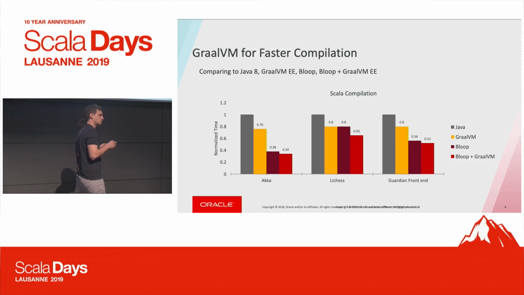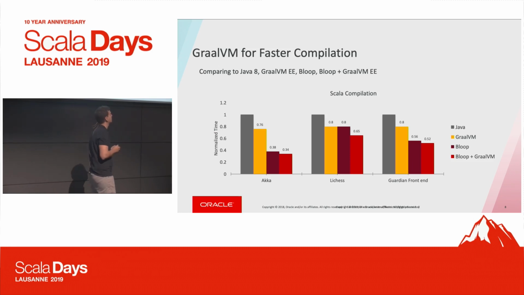And there are other frameworks to speed up Scala compilation, like Hydra, and the numbers for them are pretty much the same. So if you look here, compared to normal Java, you will get anywhere from 25 to 35% speedup, right? So you will get your results faster.